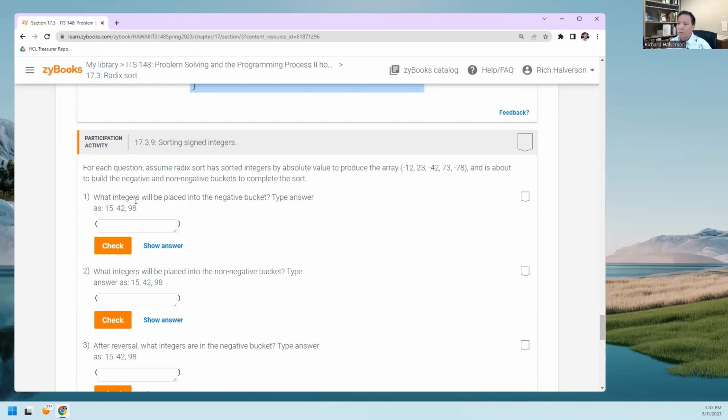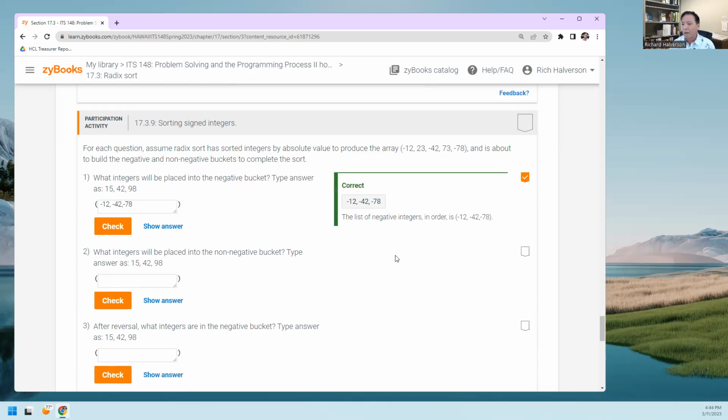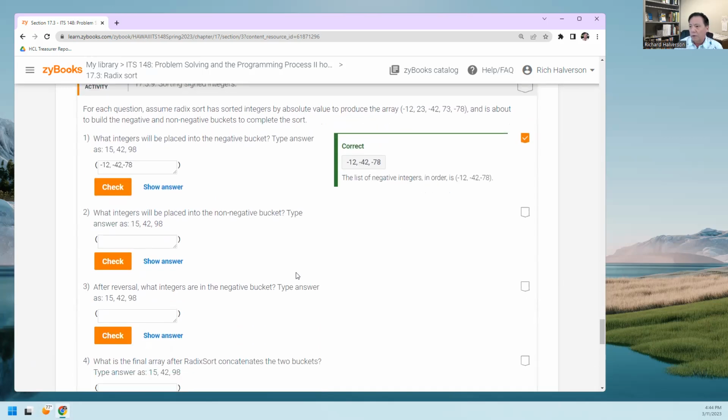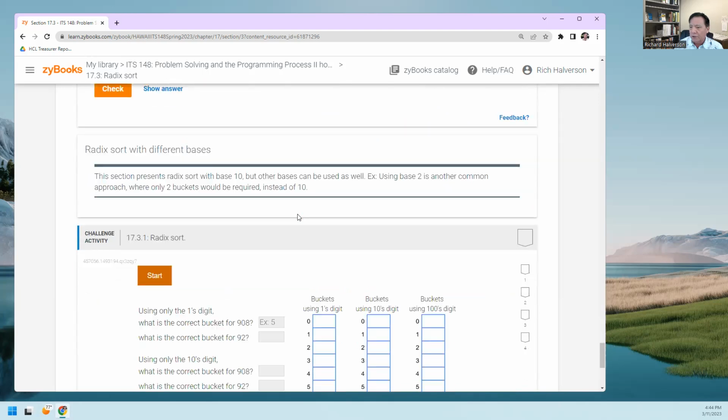Well, all the negative ones. So it's -12, -42, and -78, I think. So you can go through those and make sure you understand that.